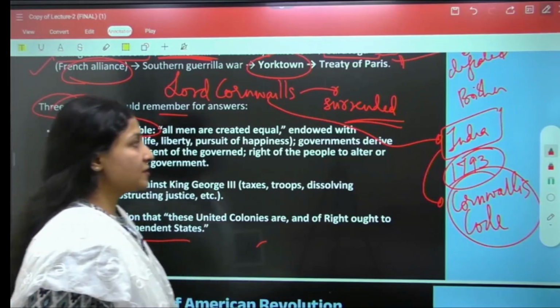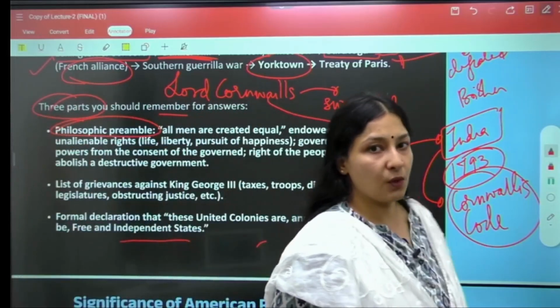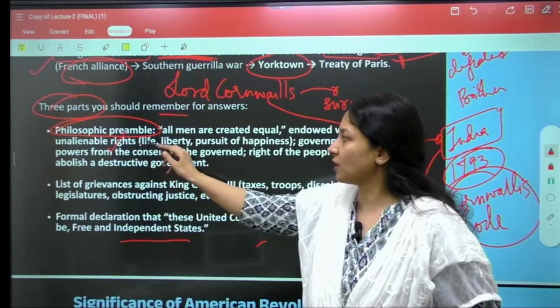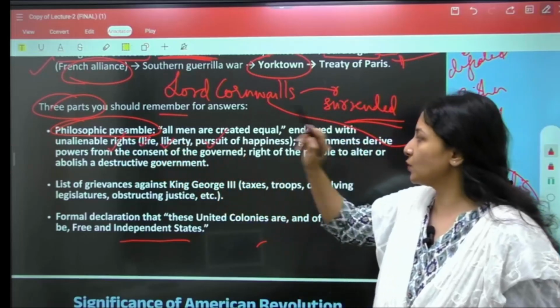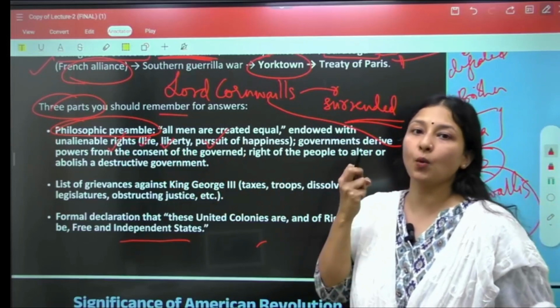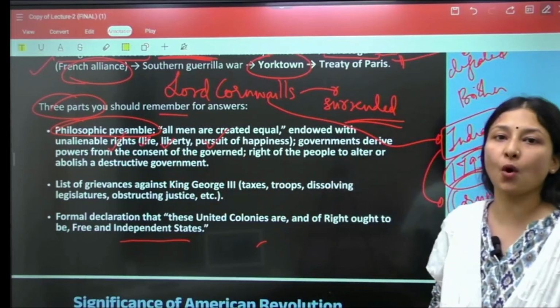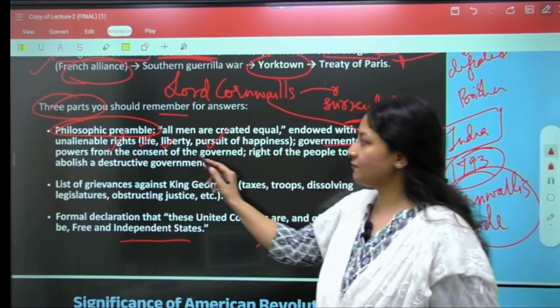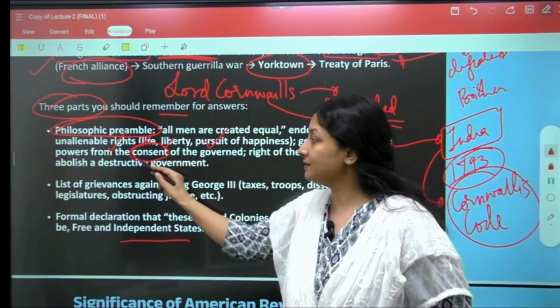Okay, now three things that you should remember over here. First of all, the philosophic preamble: that all men were created equal and they were endowed with the unalienable rights to life, property, and pursuit of happiness, because the whole society was based on the conception of individualism. Governments derive their power from the consent.